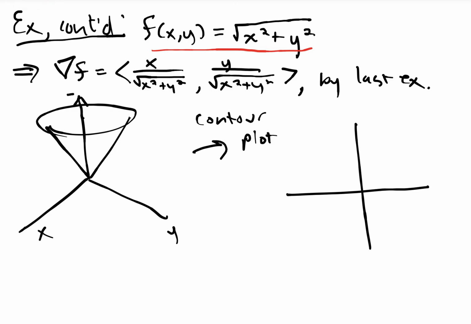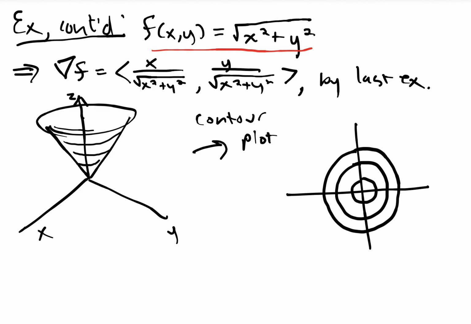Now, if I want to get level heights along this curve and take horizontal cross slices of this thing, and then look down at those curves from above, we're just going to be seeing a bunch of concentric circles.